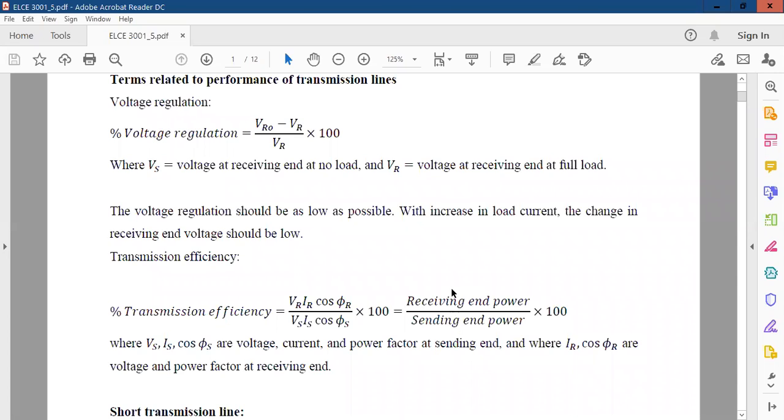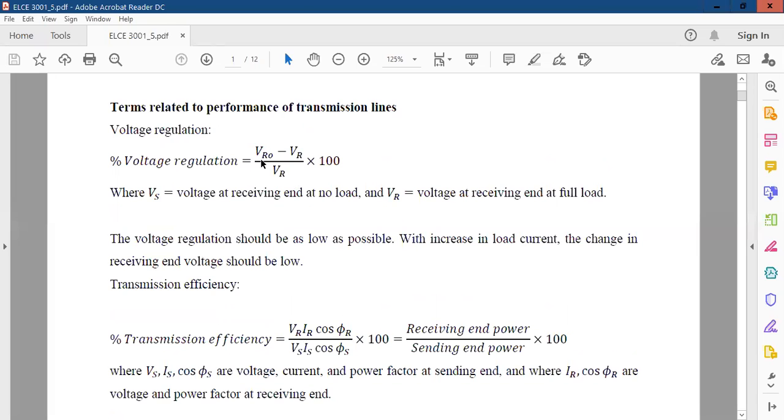In transmission line, and because we are working with AC systems, the receiving end power equals VR IR cosine theta R, this is the power factor at the receiving end, over sending end power, which is Vs Is cosine theta S. Cosine theta S is the sending end power factor. Always we want transmission efficiency to be near 100%.